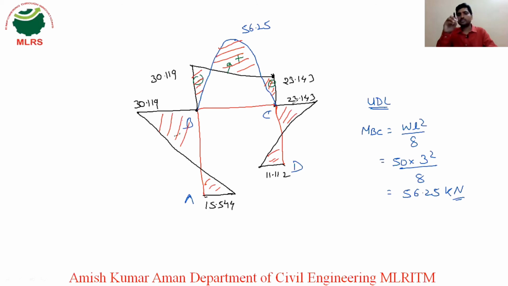It is very rare that it will come in your exam, but if it comes, be serious and sincere about it, and try to make it as fast as you can. If it comes in your paper, the values will be easier, so that you can calculate easily, and the balancing will be over in 1 or 2 steps only. If it takes 5 or 6 steps, then two rounds of balancing will take 1.5 hours to complete.